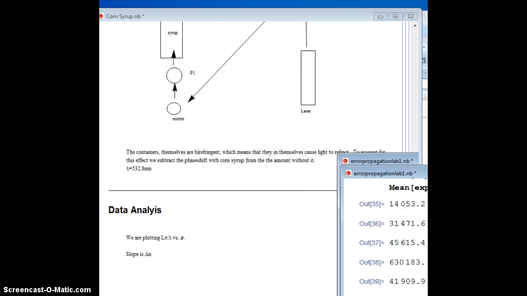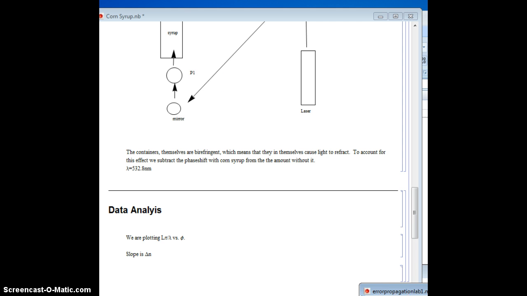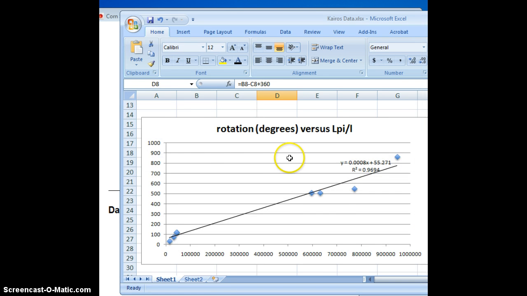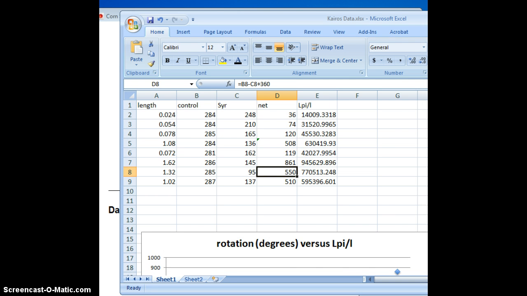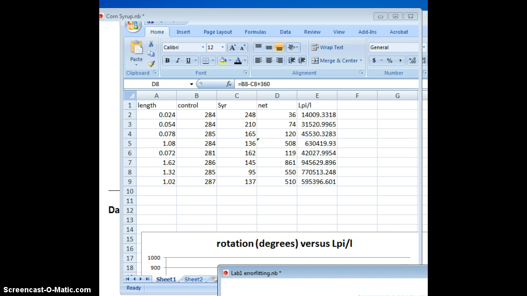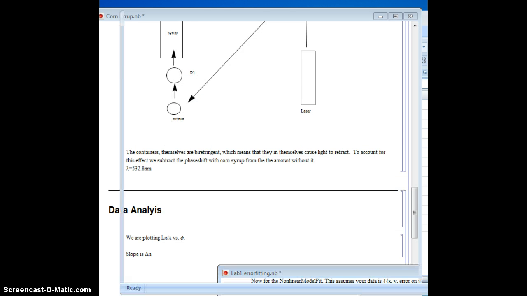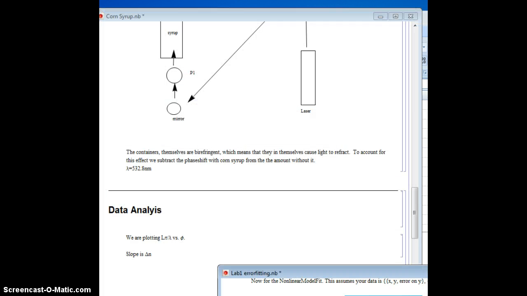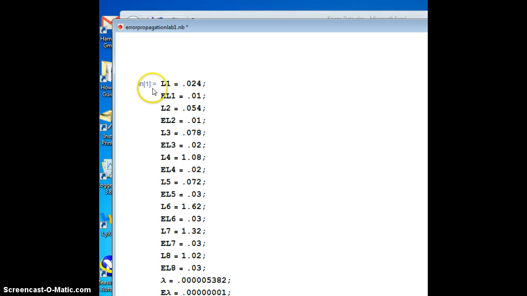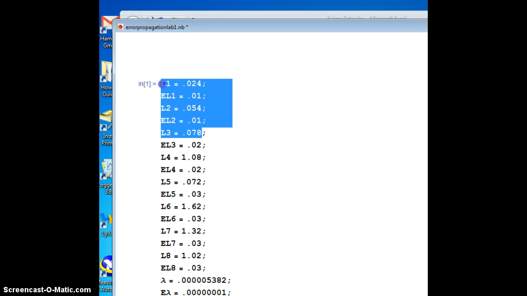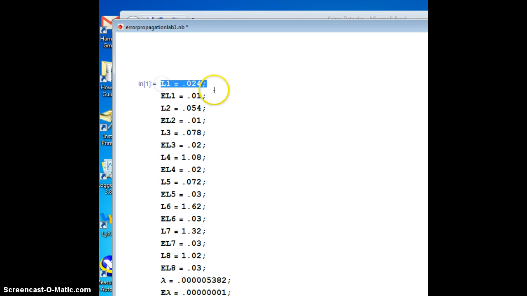So the first thing I did was I took our data and I propagated it here in Mathematica. Let me find that. So I put in each of our L value lengths, and I did not personally do the measurements, so I added an extra millimeter as potential error for interior dimensions for each container.